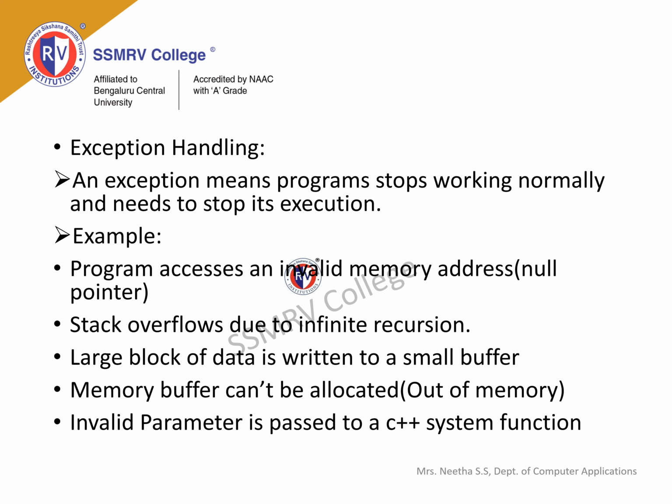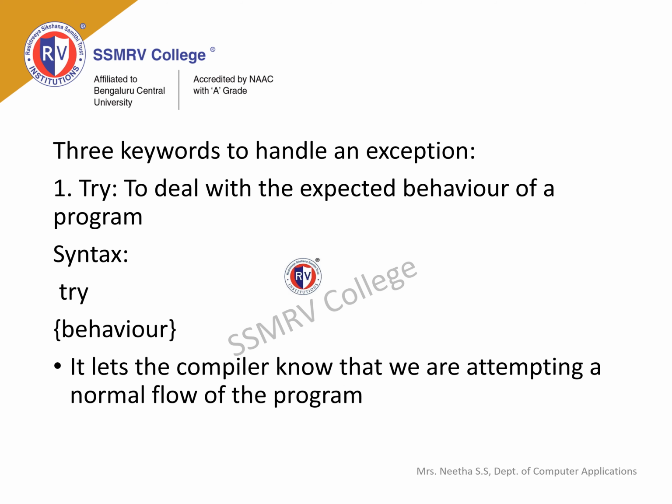The three keywords we use here are try, catch, throw. So what is try? Trying the normal flow. To deal with the expected behavior of a program, we use the try keyword with the following syntax: try, open brace, you write some condition or behavior, close the brace.